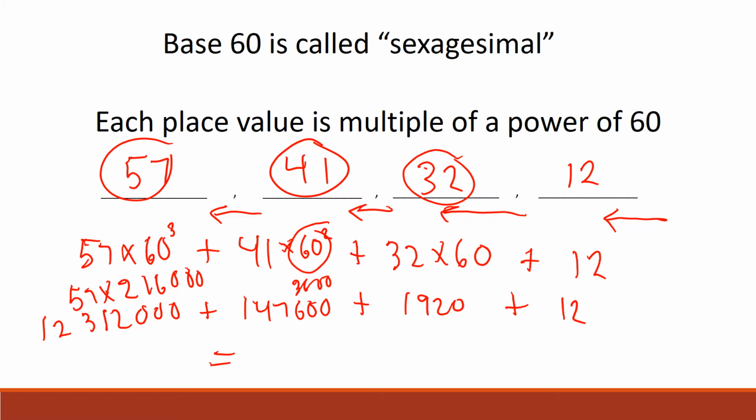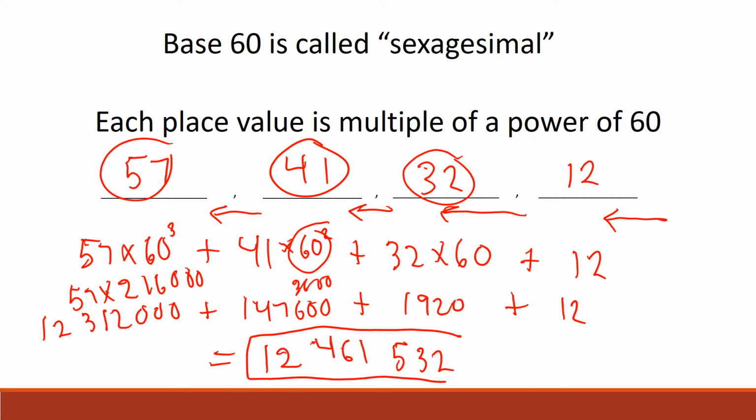The number that I just illustrated in sexagesimal is 12,461,532. Maybe put some commas in there to make it easier to read. Okay. This is what we call the modern form of a sexagesimal number.